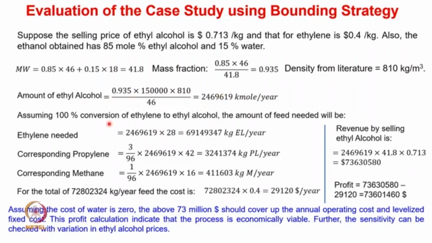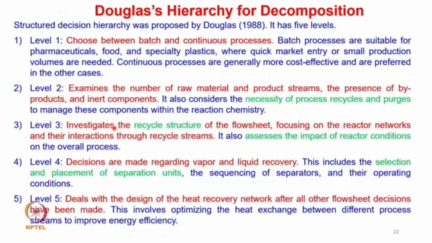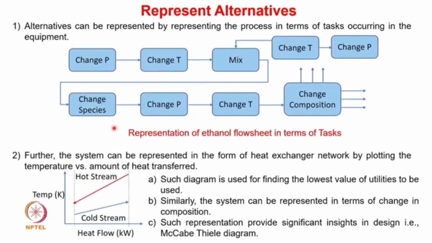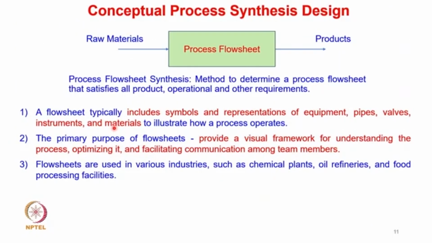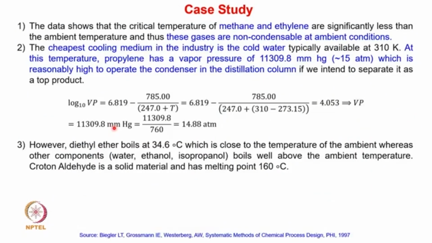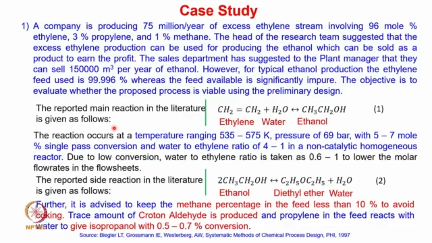Clearly 1 mole of ethyl alcohol will be produced by 1 mole of ethylene. As you can see, the reaction is given. If I go back and show the reaction, see, 1 mole of ethylene is producing 1 mole of ethanol.